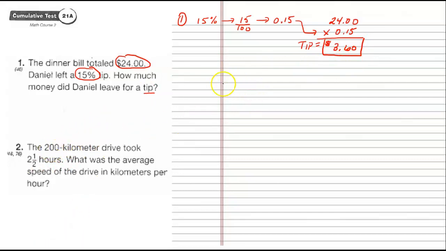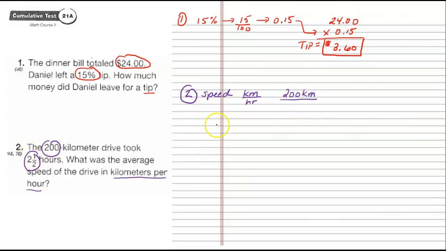Okay, number 2, I'm going to put that up here. It says the 200-kilometer drive took 2.5 hours. What was the average speed in kilometers per hour? So I want speed in kilometers per hour. I have 200 kilometers, so I'm going to put that here. We put our kilometers on top.